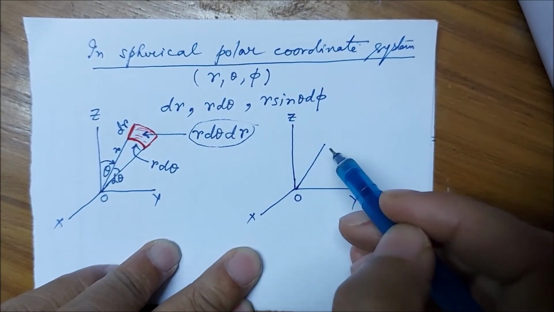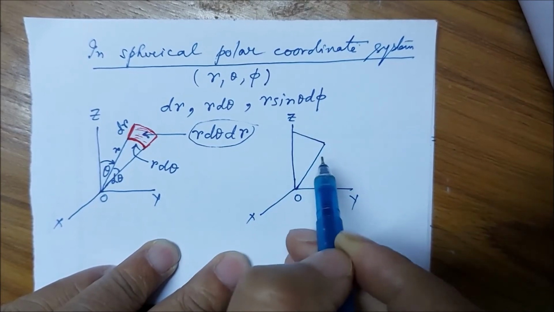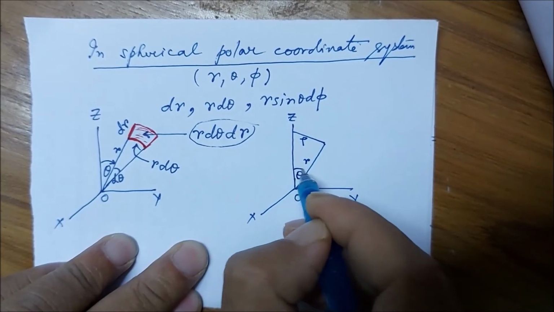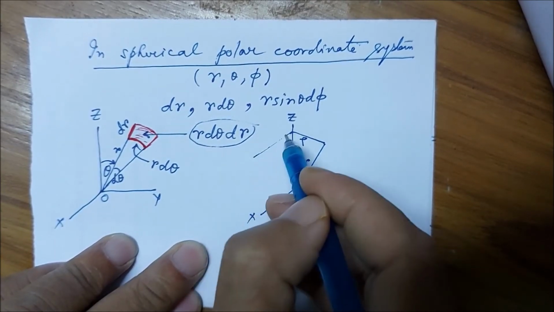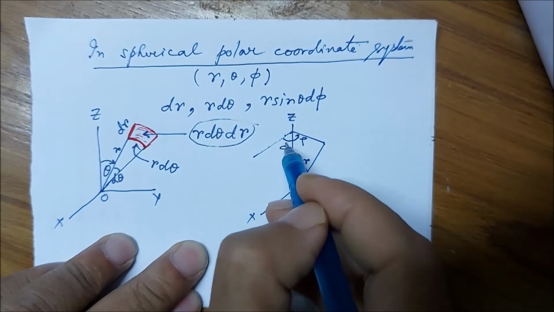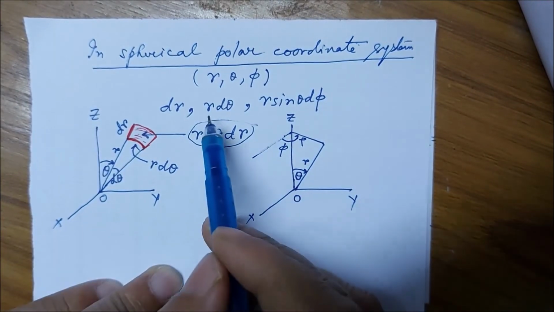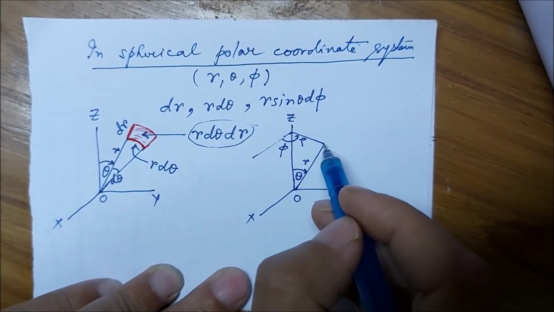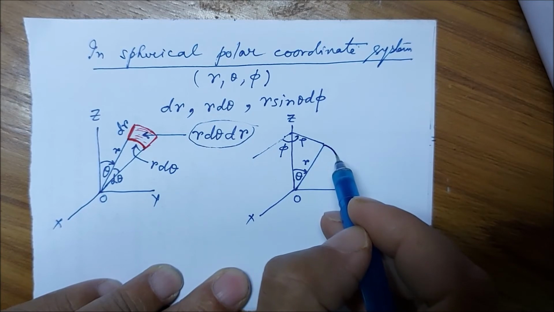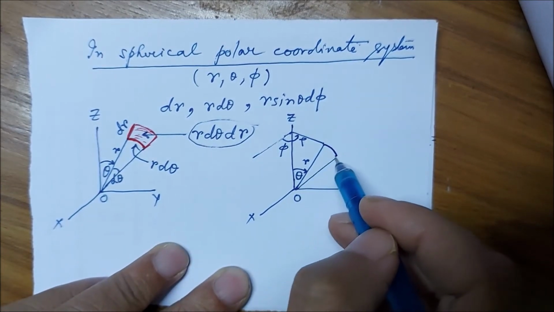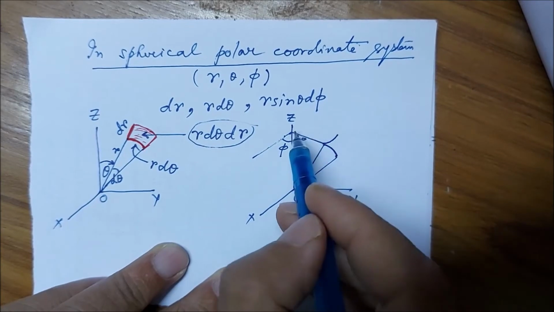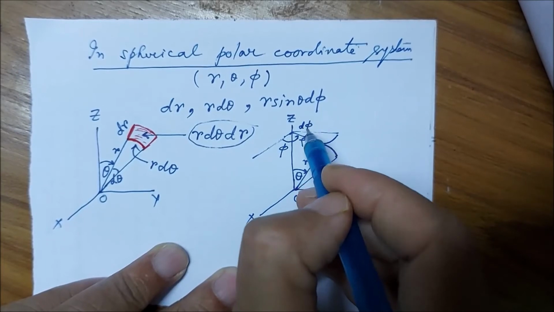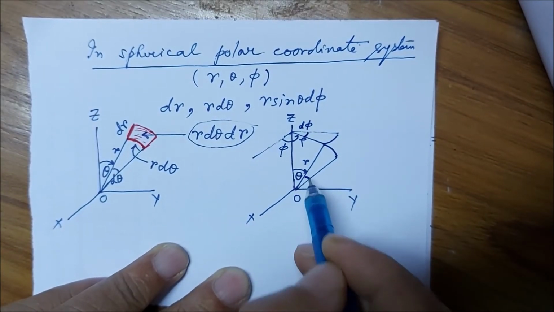This is r and this is rho. This angle is theta and this angle is phi. Let us draw these two arc elements or length elements. So this angle is d phi and this angle is d theta.